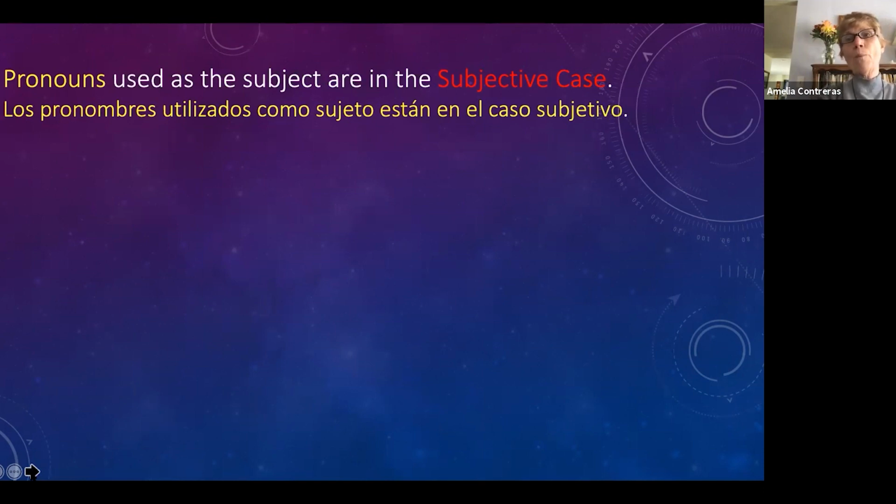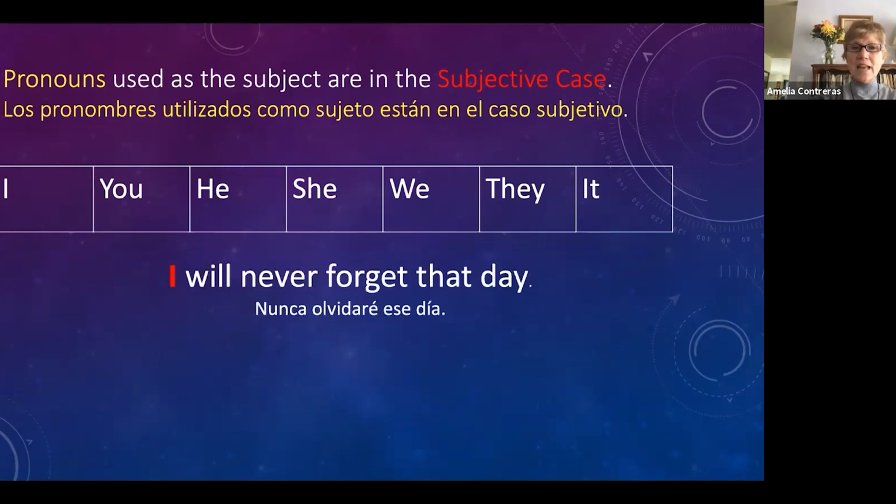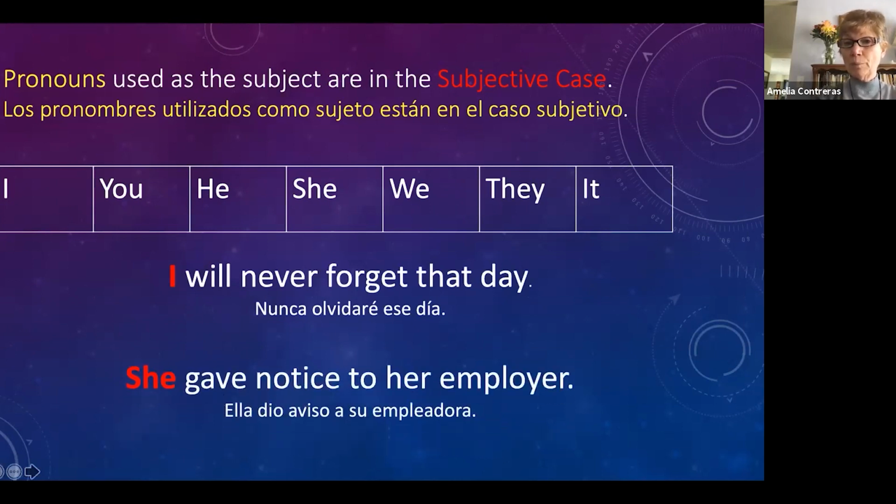We will learn basically this phrase, subjective case, is just a fancy way of saying that these pronouns are always used as subjects. I, you, he, she, we, they, it. You cannot use them in any other part of the sentence other than as a subject. I will never forget that day. She gave notice to her employer.